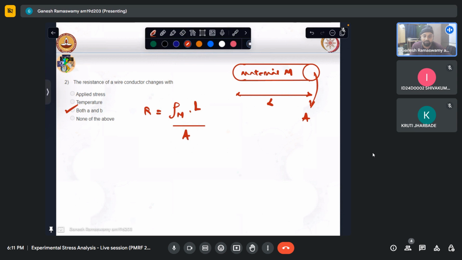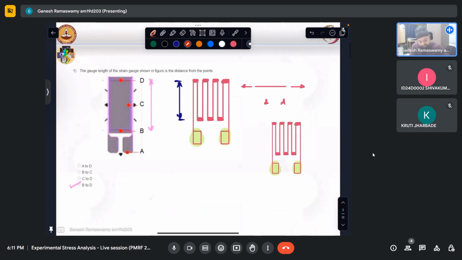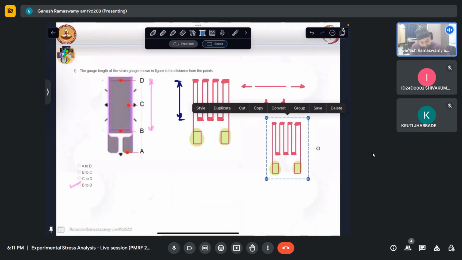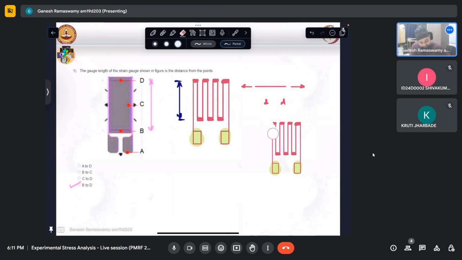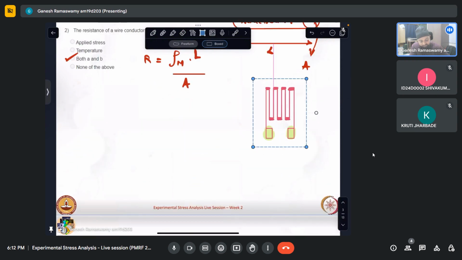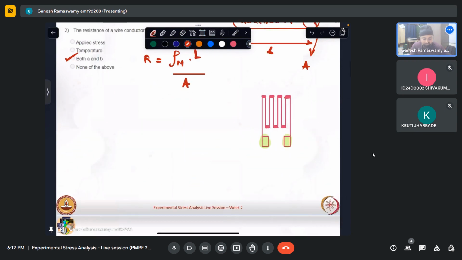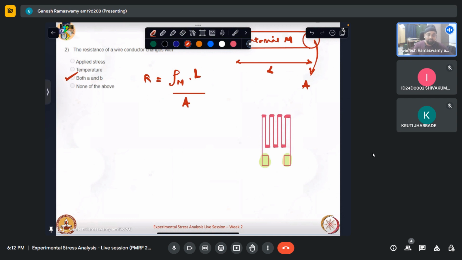Now why is this important? As we saw here, if I have to take this strain gauge and construct it using some wire, and paste it over a specimen, what I ideally want to measure is the strain due to the mechanical load that I've applied to that specimen.